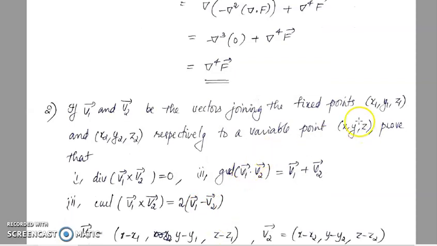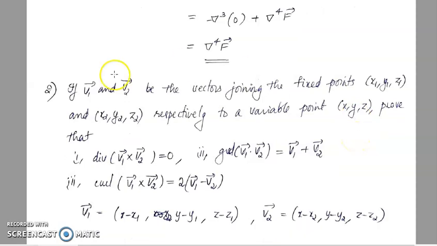You are given a point xyz and two fixed points. Now v1 is the vector joining x1, y1, z1 and xyz, and v2 is the vector joining x2, y2, z2 and the point xyz.